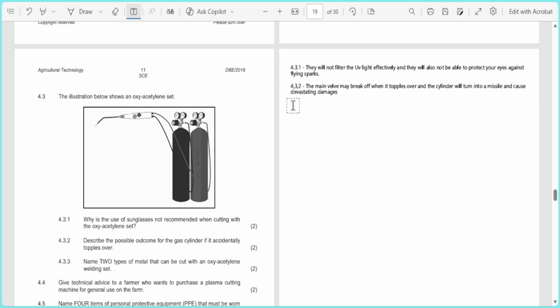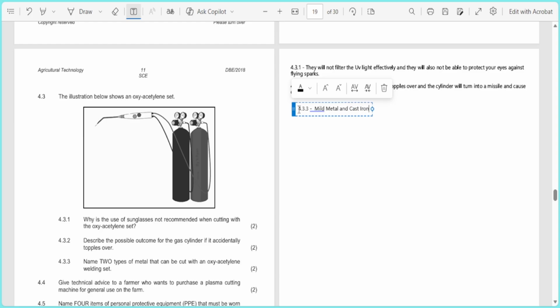Okay, so that's 4.3.2. For 4.3.3, name two types of metal that can be cut with an oxyacetylene welding set. There are several, but they are looking only for two. The first one can be mild steel, and cast iron as well.